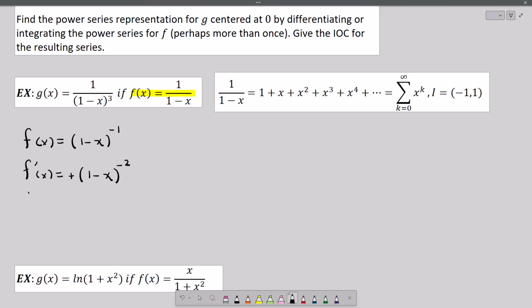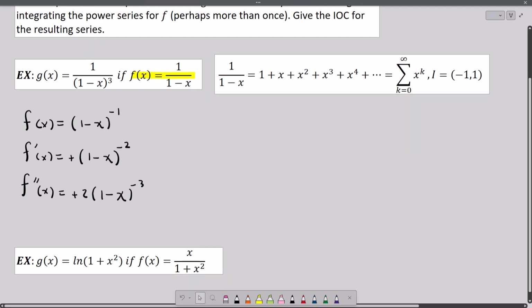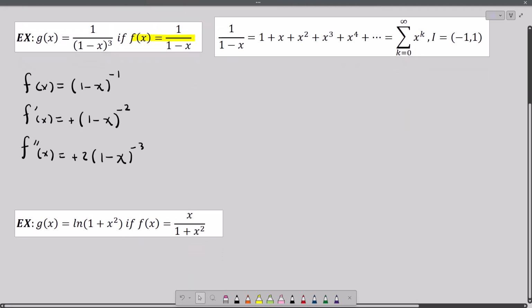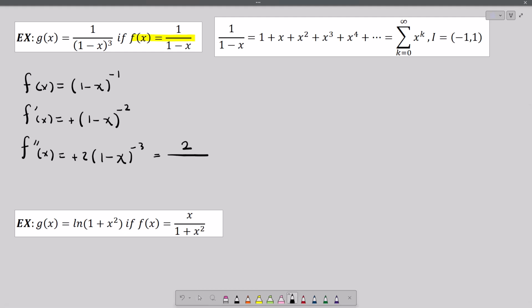Now let's differentiate again. Bring down the negative 2, subtract 1 from the exponent, and then chain rule, multiply by the derivative of the inside. The derivative of the inside is negative 1, so we end up with that. So this is equal to 2 divided by 1 minus x cubed.